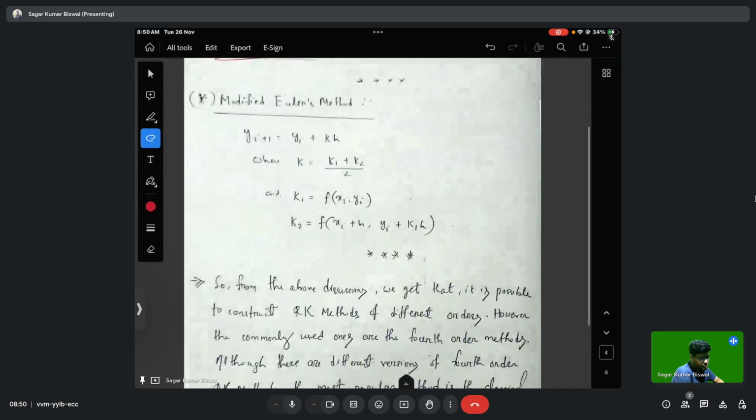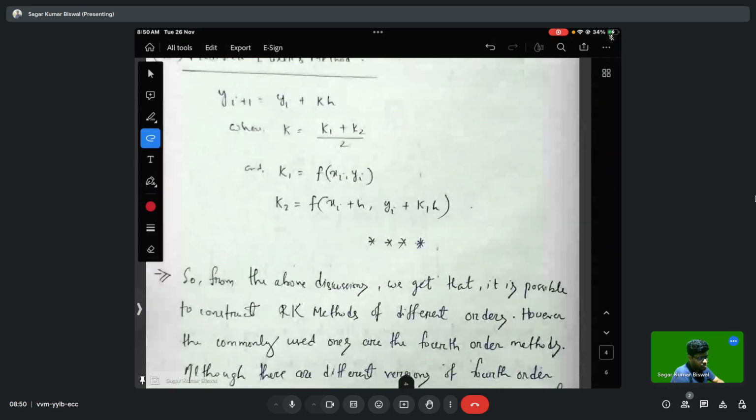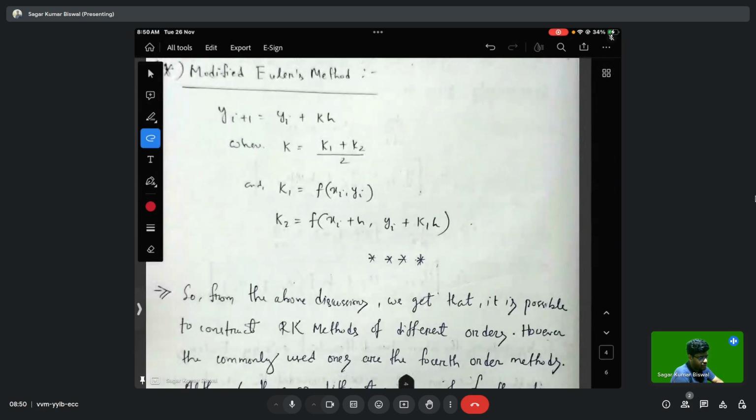Then there is something also known as the modified Euler method. In the modified Euler method, you find slope at the initial point and the final point. Right? So here you are finding the slope at initial point and the final point, and then take their average, just simple average, not the weighted average, and put it here in the place of slope.